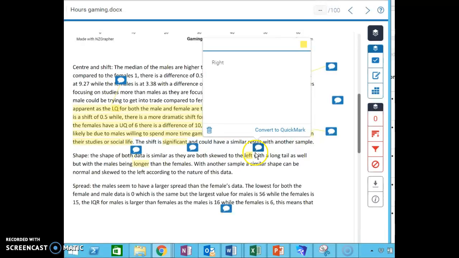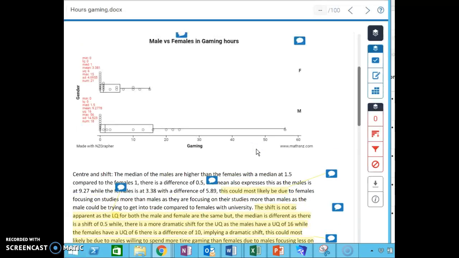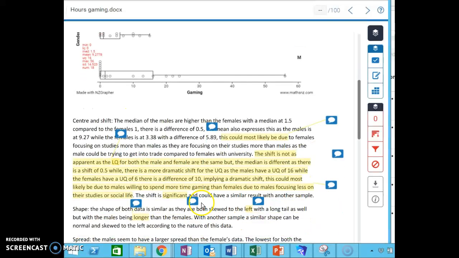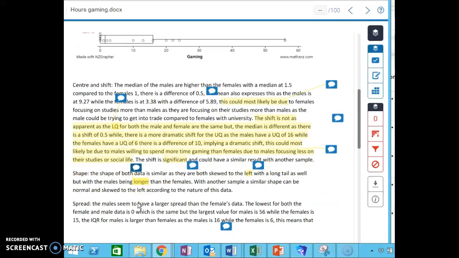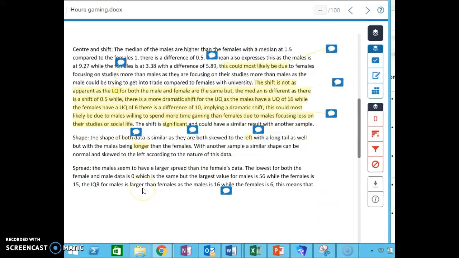This person has their left and right tail. If you look at this graph, the tail is on the right. The tail is on the right. So we call this right skewed, not left skewed. The context of this is gaming hours per week.